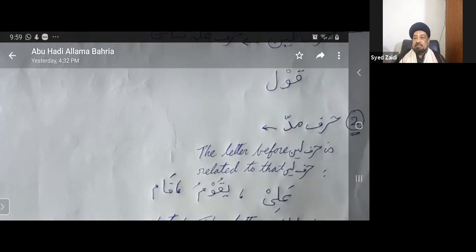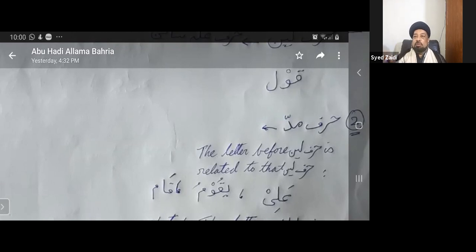Ali. Over here you find ya is silent. If one of the letters is huruf illa and silent, and the previous letter carries the friendly sign, in relation to the harf illa, then it becomes harf mad.